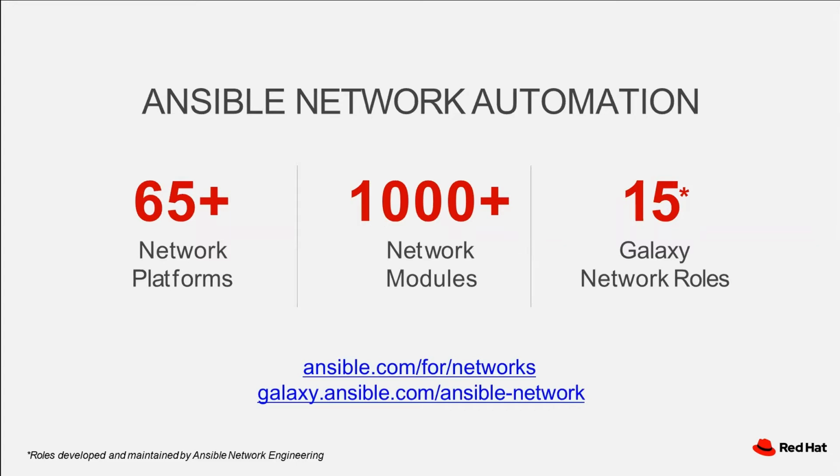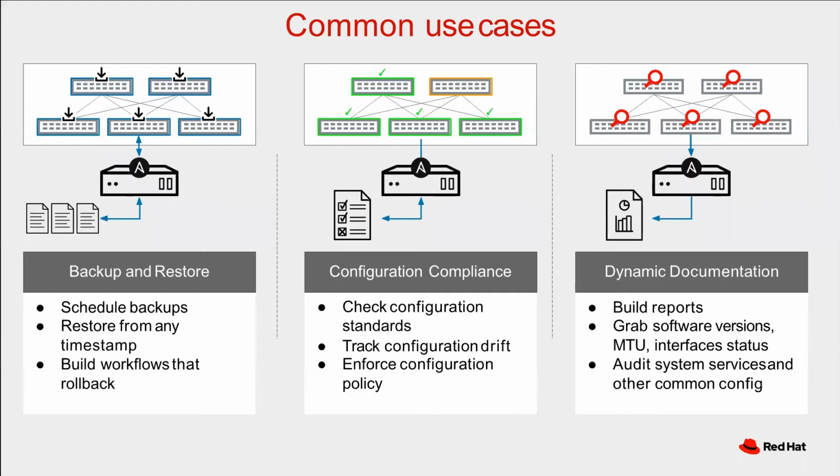And within Ansible Galaxy, there's 65 plus network platforms that are supported. There's thousands of network modules, and there's 15, actually there's probably more than 15 now, but there's 15 or more Galaxy network roles. And we'll get into what these roles do later in the workshop.